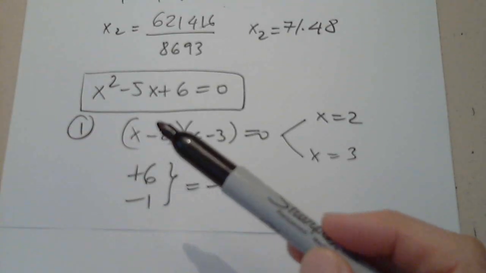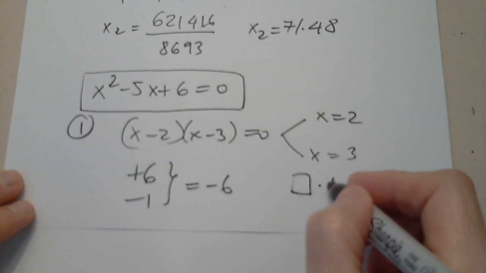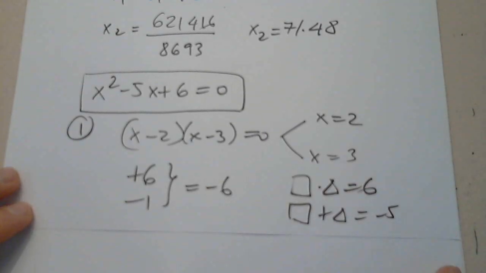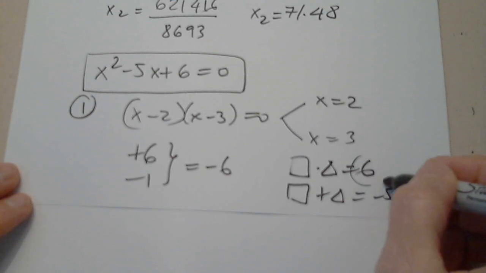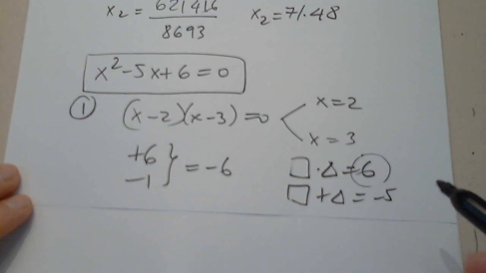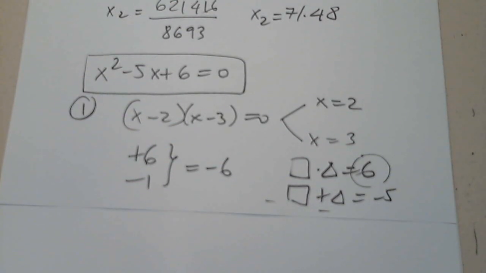So remember, we have to find two numbers whose product is 6 and whose sum is -5. Because the product is positive, both numbers have to have the same sign. And because the sum is negative, both of them have to be negative. Okay.